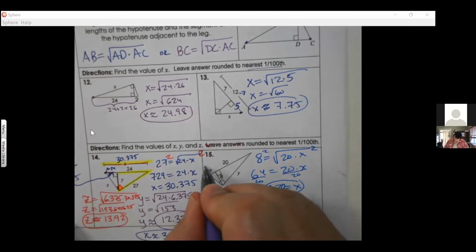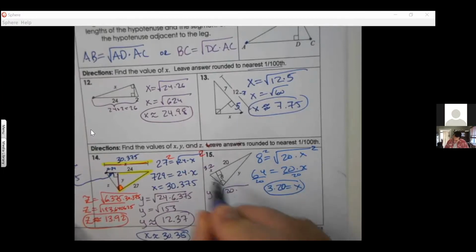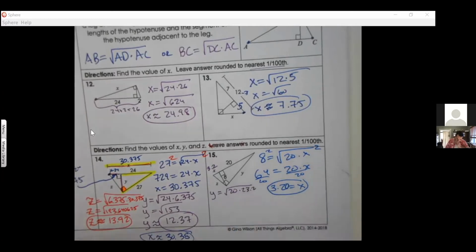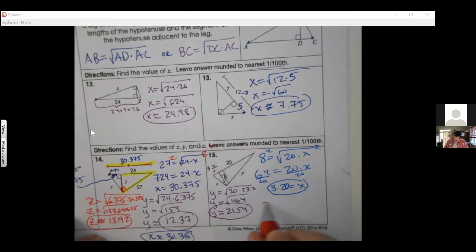Now let's do y. So we know this is 3.2. So we can do y. Y is equal to square root of 20 times this plus this, so 23.2. So y equals square root of 464. Y is about 21.54. Lastly, z.